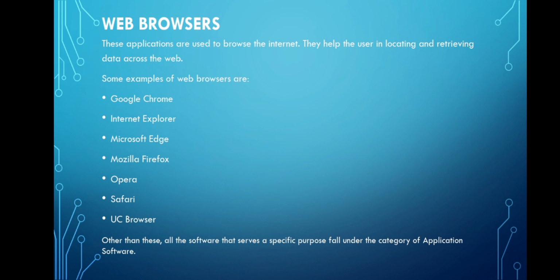Examples of web browsers are Google Chrome, Internet Explorer, Microsoft Edge, Mozilla Firefox, Opera, Safari, UC Browser. Other than this, all the software that serves a specific purpose falls under the category of application software.